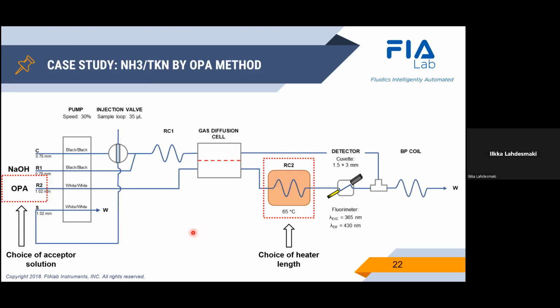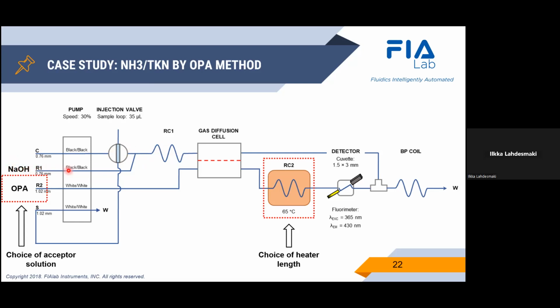And here's how the OPA ammonia TKN instrument would look. We have the gas diffusion cell here that we just discussed, and otherwise it's very much like the traditional FIA schematic that we saw a few slides back. You have a carrier solution up top that takes care of pushing the sample out of the injection valve sample loop and transporting the sample along the instrument's manifold.